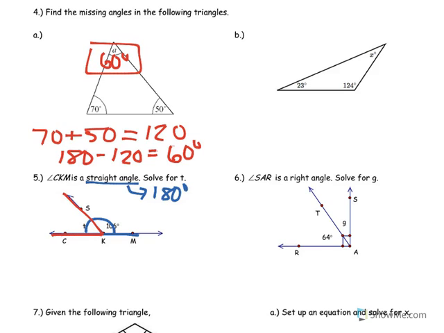It's made up of this one, which measures T, and then this green one that measures 106. So if I add up red plus green, T plus 106, it makes up that entire straight angle, and we know a straight angle is 180 degrees. So I think from there you should be able to solve for T and use that same type of process to help you with number 6, okay?